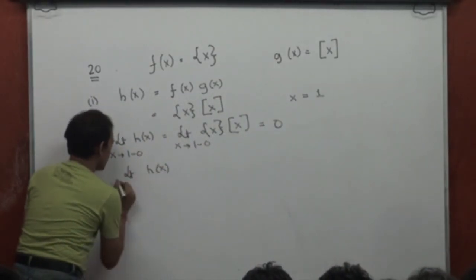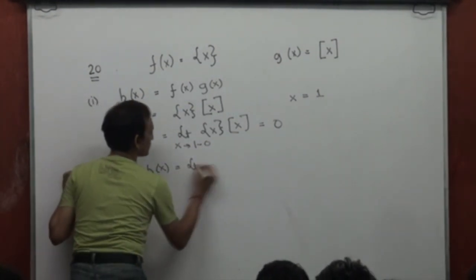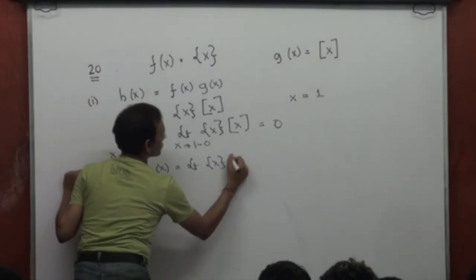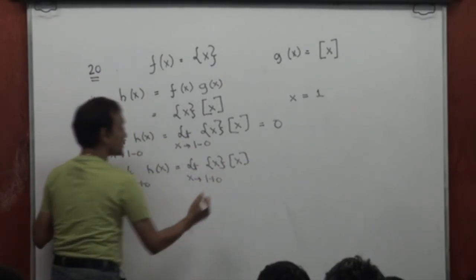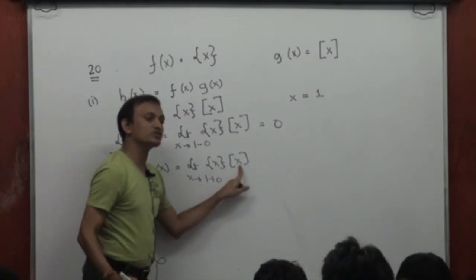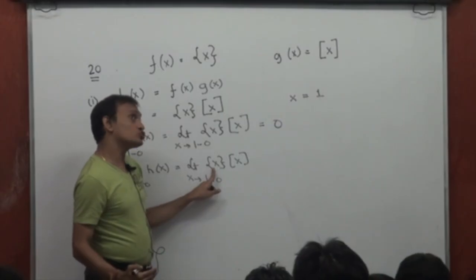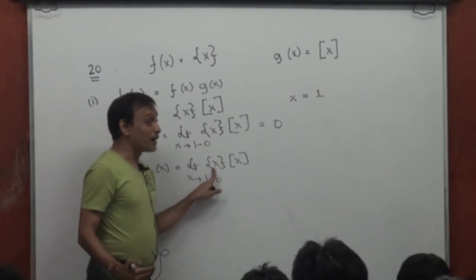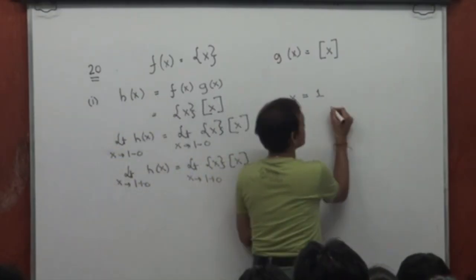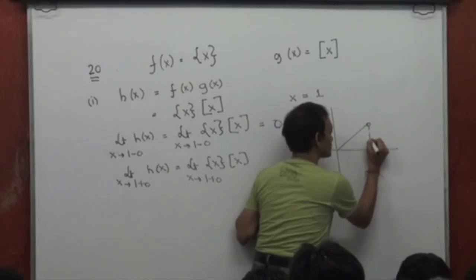Limit h(x), x tends to 1 from the greater than 1 side, is limit fractional part of x into box x. When x is slightly greater than 1, box x is identically 1, right? And when x tends to 1 from the greater than 1 side, the fractional part of x tends to, see, this is the graph of the fractional part of x.